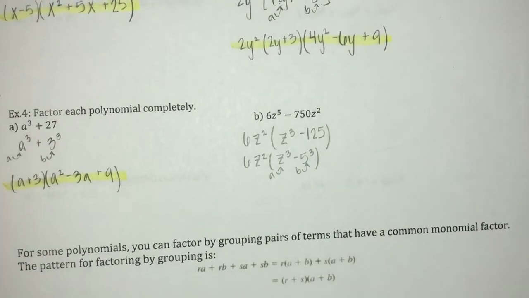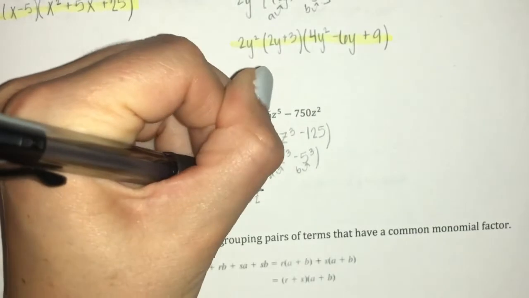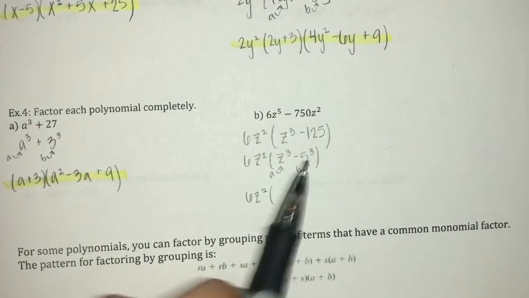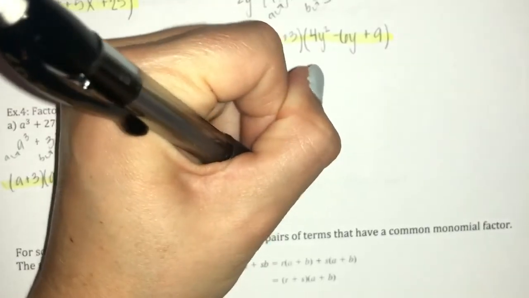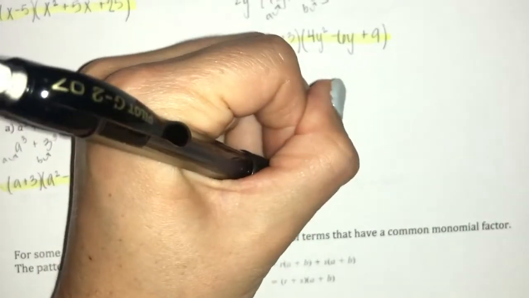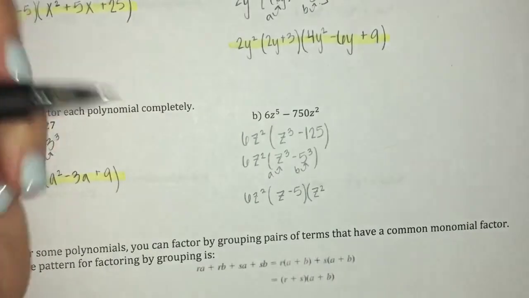Difference of cubes factors into a minus b, so we'll just bring down this 6z squared. So a minus b would be z minus 5, times a squared, so in this case z squared, plus ab, so plus z times 5, which is just plus 5z.